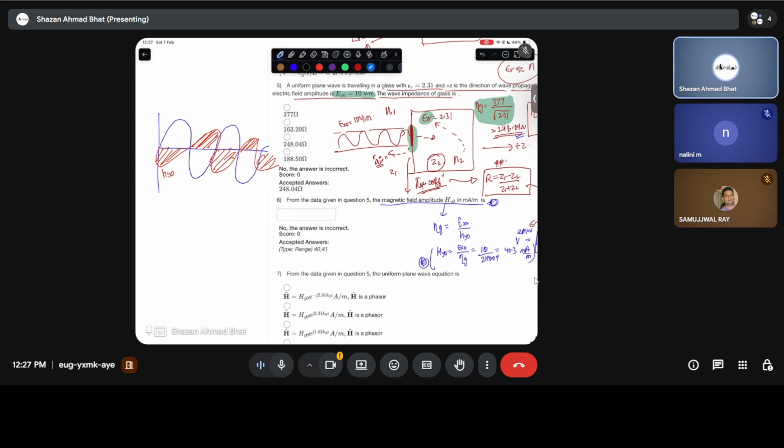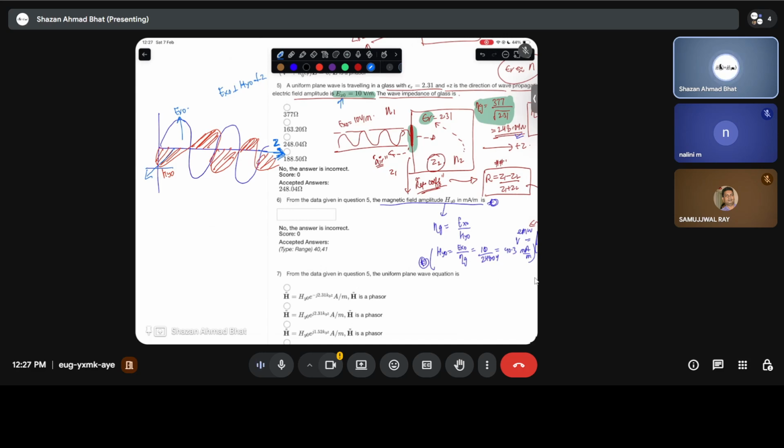And the electric field is in the Ex0 direction. Obviously these are perpendicular to each other. And if it is a transverse electromagnetic wave, then it should be perpendicular to the direction of propagation. Because the electric field is in the X direction and the magnetic field is in the Y direction, the propagation should be in the Z direction.